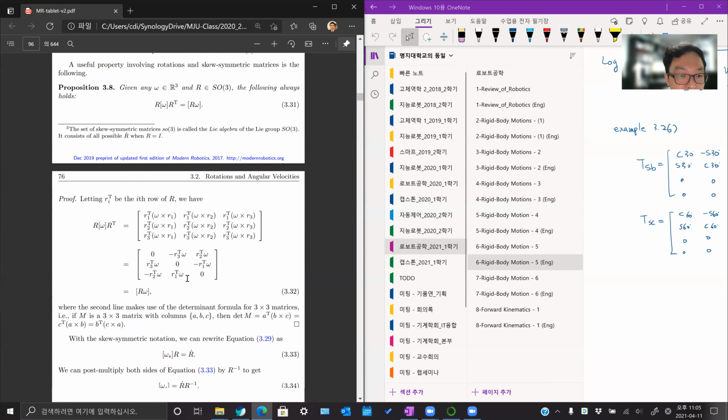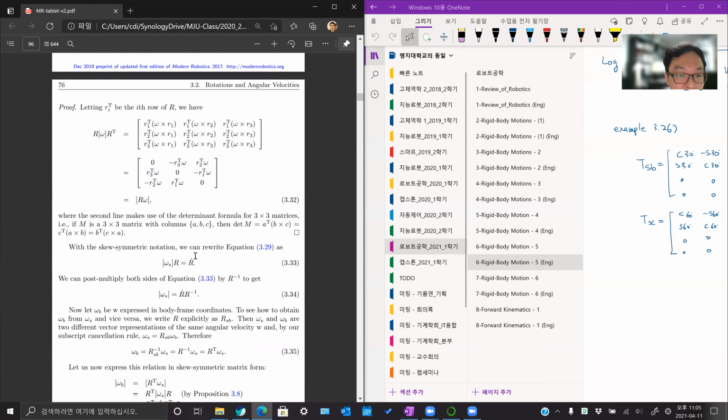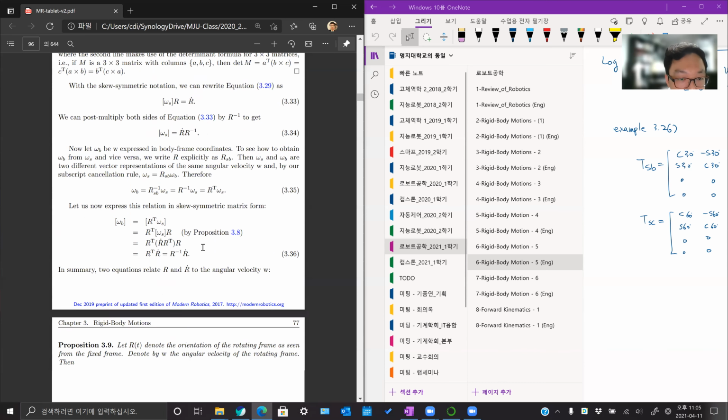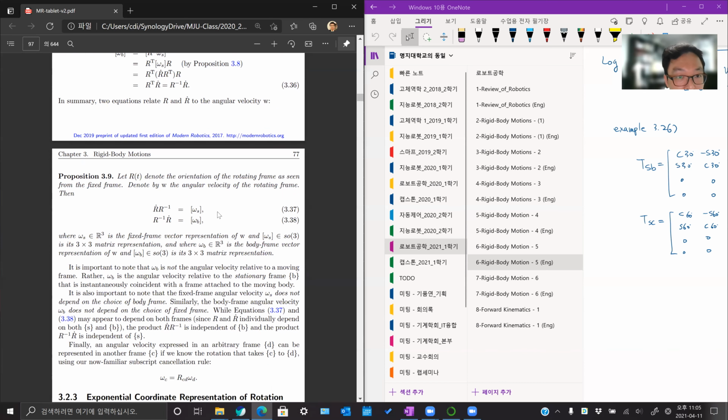And skew symmetric matrix is basically the cross product. So we learned about the skew symmetric matrix of omega s is equal to R dot R inverse, and R inverse R dot is body angular velocity skew symmetric matrix.